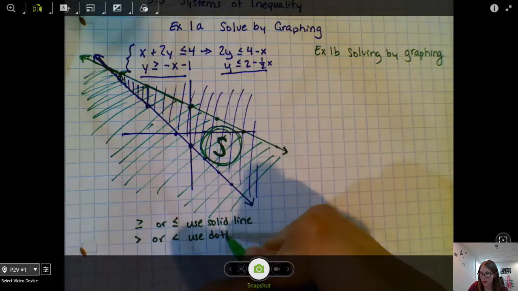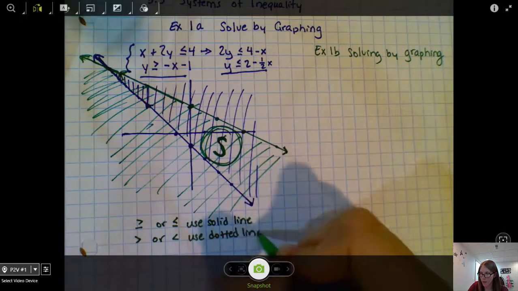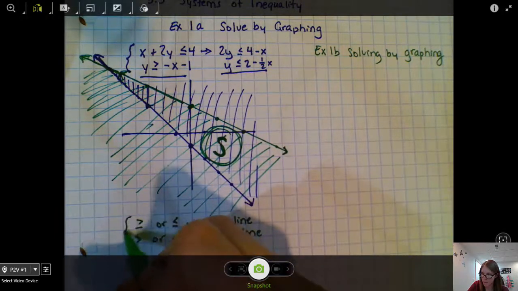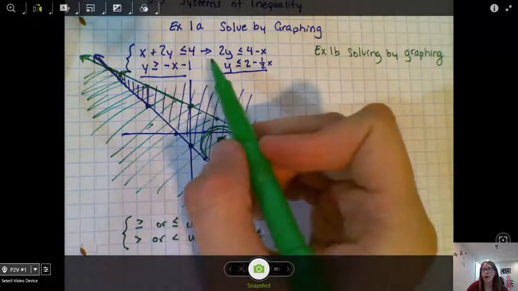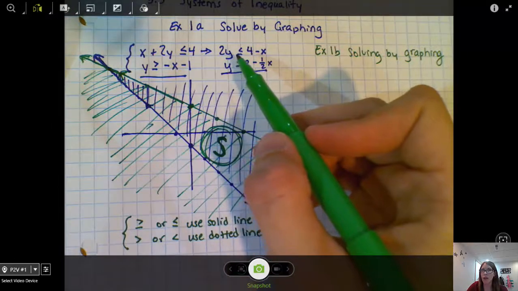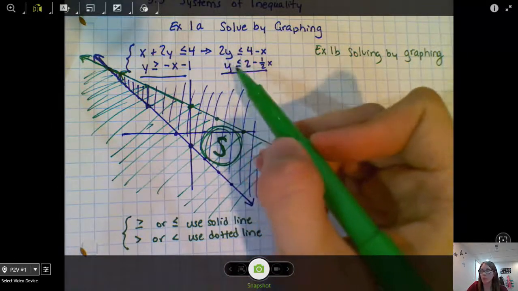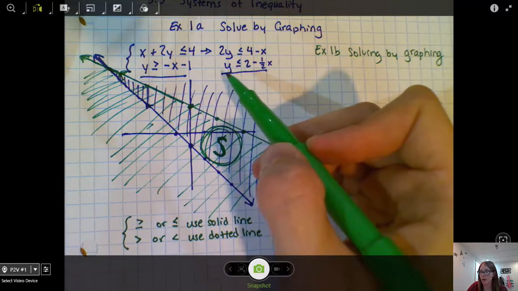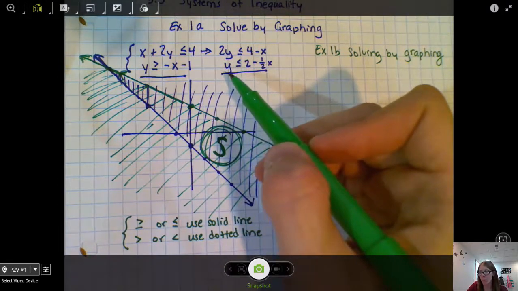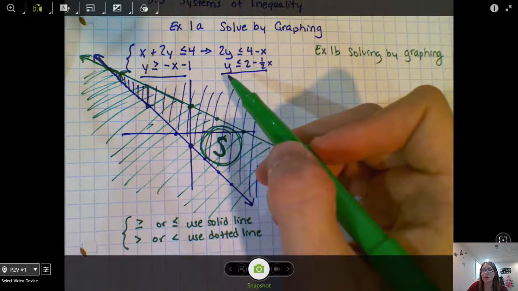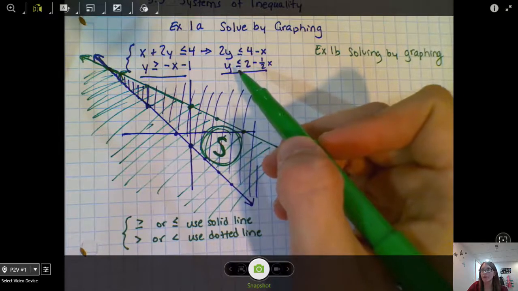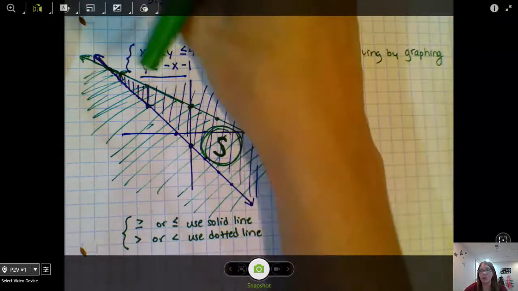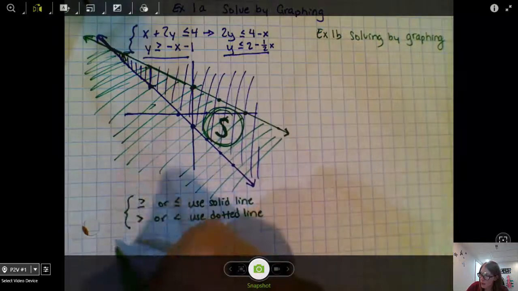And then the last thing that I want to add is that while we are solving one of our inequalities for y, while we're trying to get y by itself and change into slope-intercept form, if in that process we ever have to divide or multiply both sides by a negative number, don't forget that we have to flip the direction of the inequality symbol. So I'm going to add that here too.